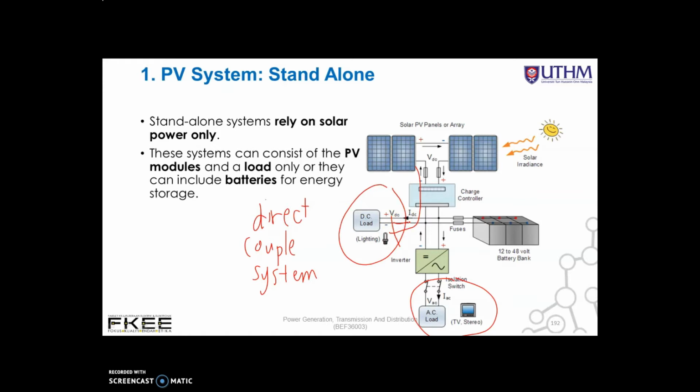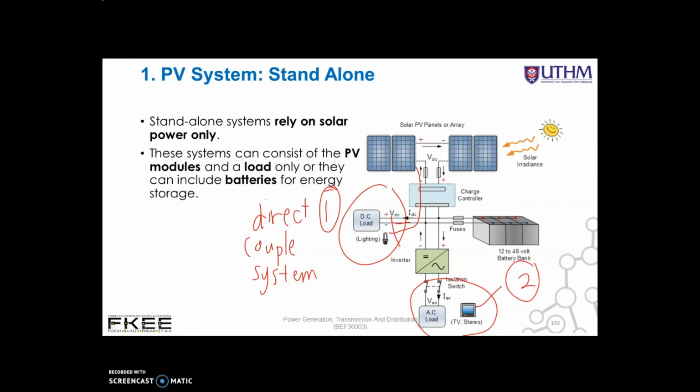Since there are no electrical energy storage batteries in a direct couple system, the load only operates during sunlight hours, making this design suitable for common applications such as ventilation fans, water pumps, and small circulation pumps for solar thermal water heating systems. Okay, and then this one is the first application, and then the second part is the solar PV array provides electricity for the AC loads.